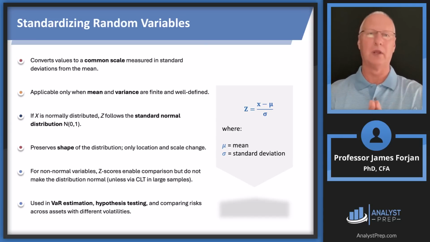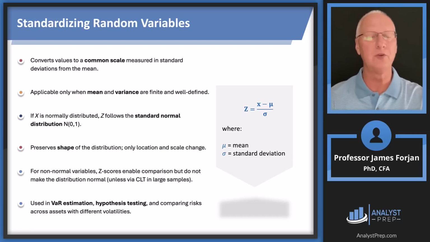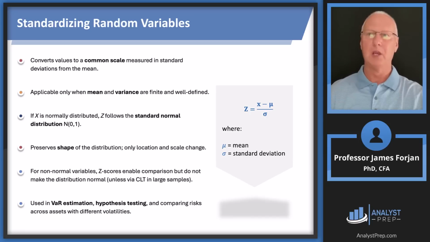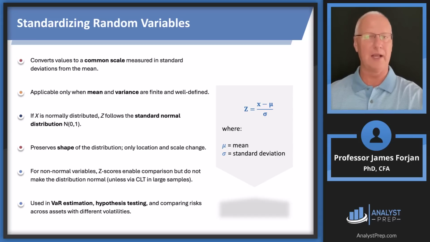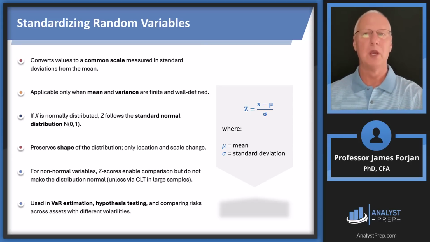You can't calculate a correlation coefficient by itself. What you have to do is calculate covariance. So the covariance between two stock returns, let's say Coca-Cola and Pepsi-Cola. We go out and get some stock returns, and before we calculate the correlation coefficient, we've got to calculate the covariance between those two random variables.